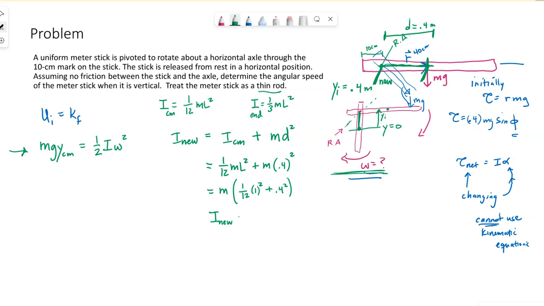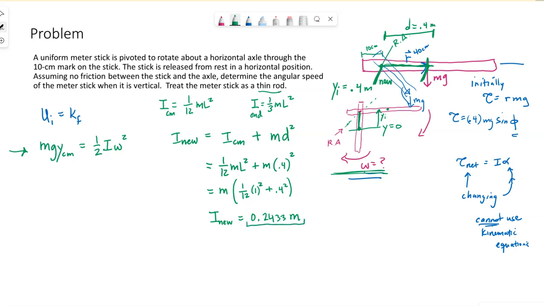For the moment of inertia around this new axis, I'm just going to figure out the number in parentheses. I'm getting 0.2433. And this is in terms of m, because the moment of inertia does technically depend upon m. I don't happen to have the value, but that's okay.